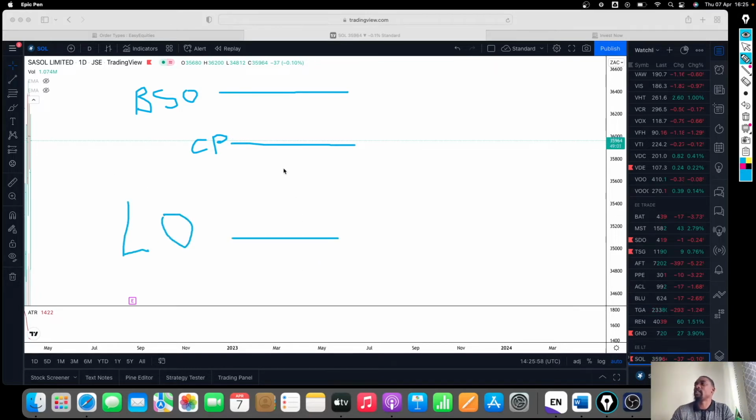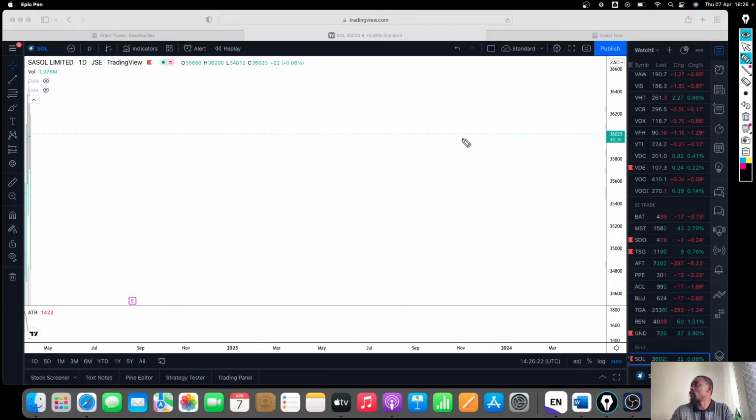I hope that this summary clarifies it a bit. The buy stop order price has to be above the current share price, and the limit order price has to be lower than the current price. That is what you have to remember with the buy stop order and the limit order.